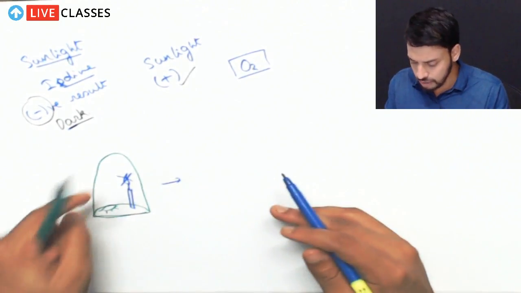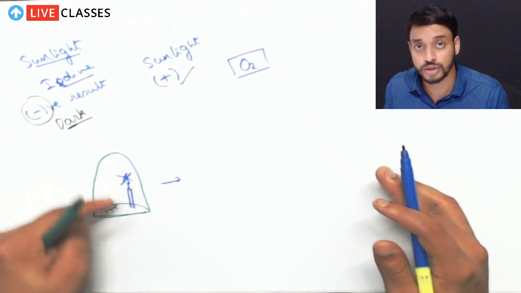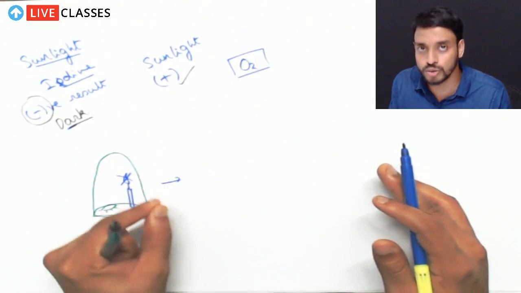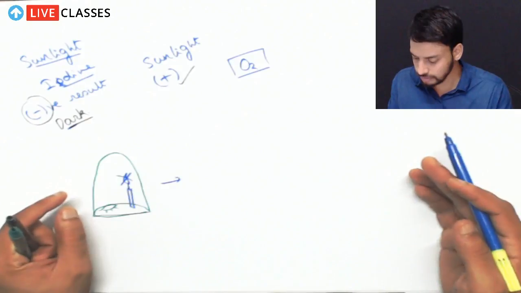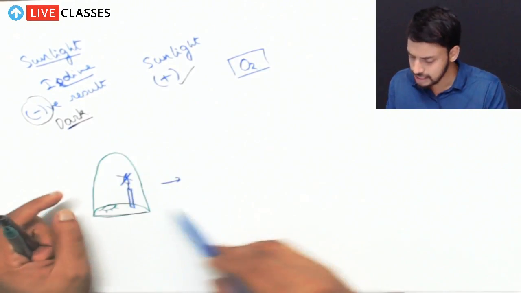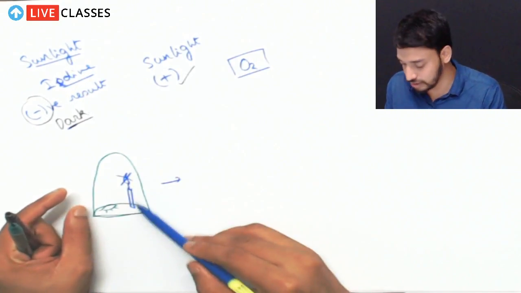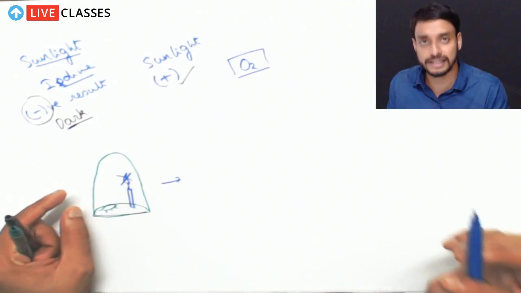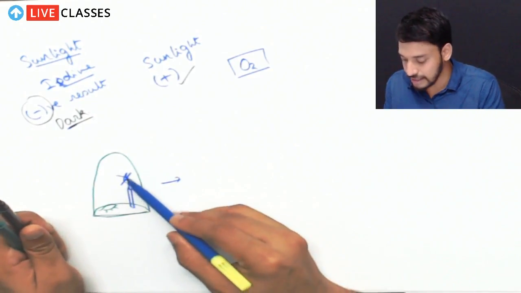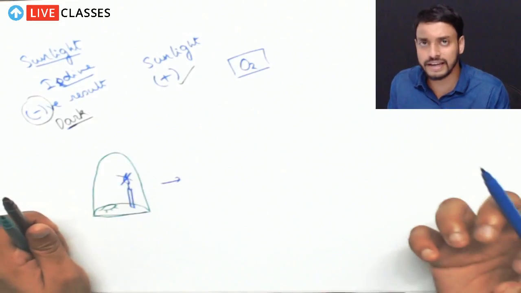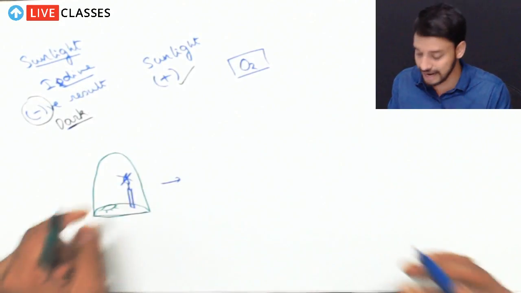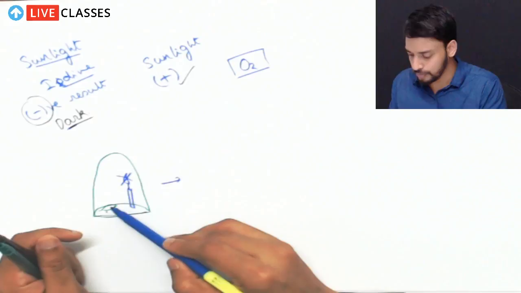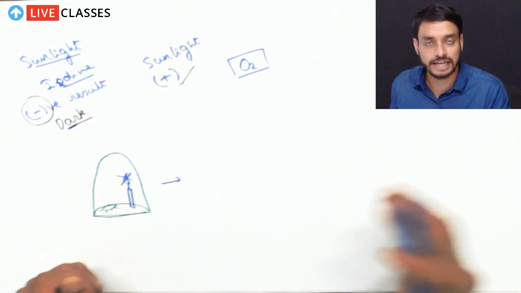Now think, if you have yourself done this experiment, what would you have concluded from this experiment? I would have concluded like this, that since I have started with the setup in which the candle was lit, that means that here there was certain air which was helping the candle to burn, and also this mice to stay alive.